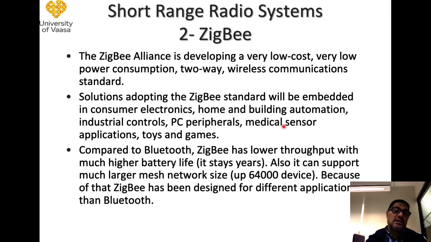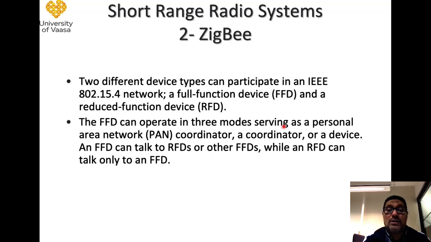So Zigbee is a perfect solution for gathering information from smart meters in big buildings, and it will also be one of the protocols in IoT devices. So for example, if we have 1,000 sensors in certain areas, we can collect the data through Zigbee to the data concentrator before it is transmitted over the wide area network.